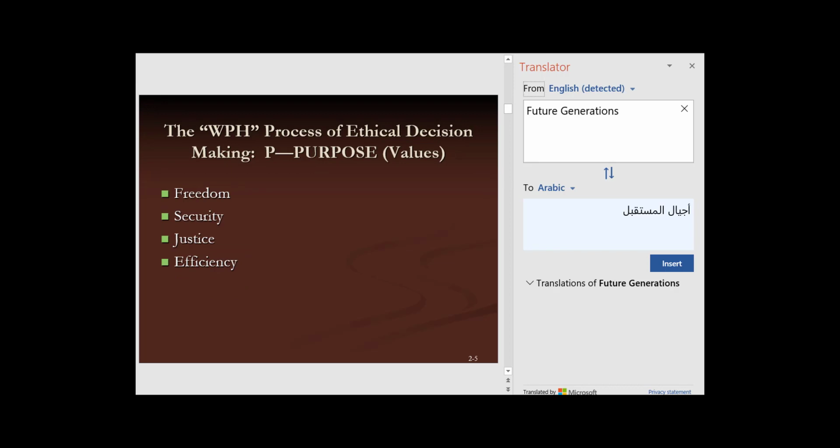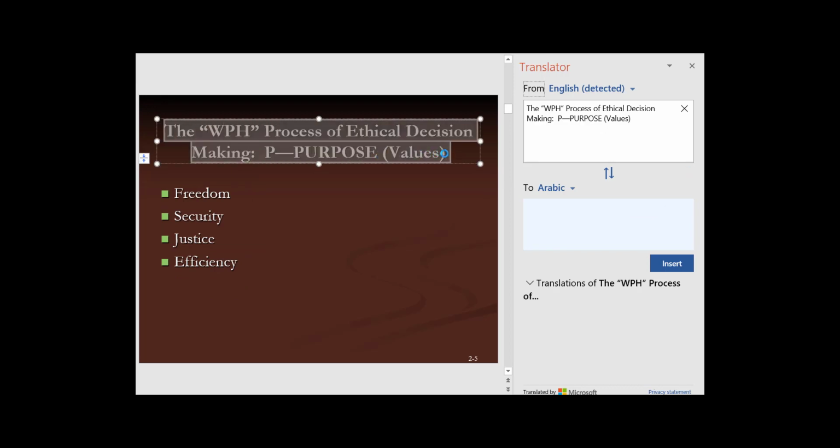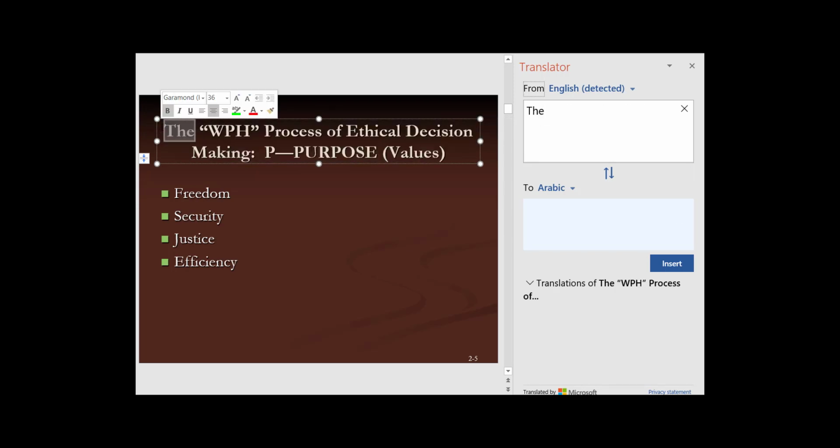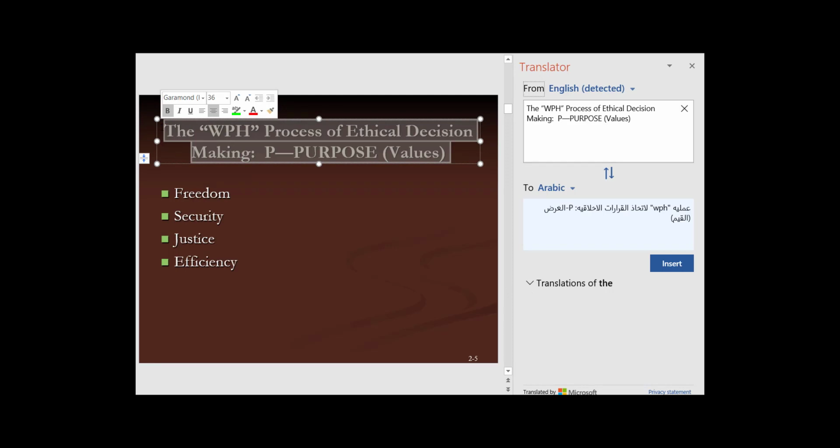And the P, remember, is the values. What's the purpose? And so this whole idea is like a list. It's a list of things you should have in front of you when you want to put together corporate conduct rules.